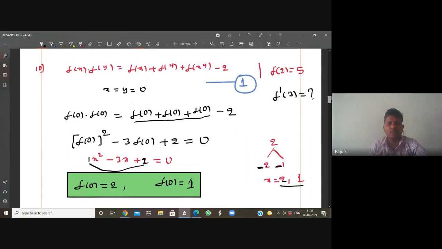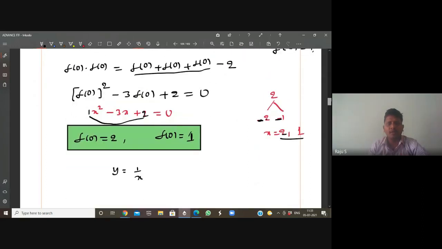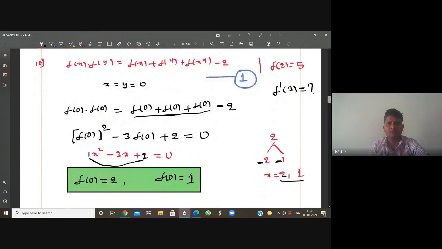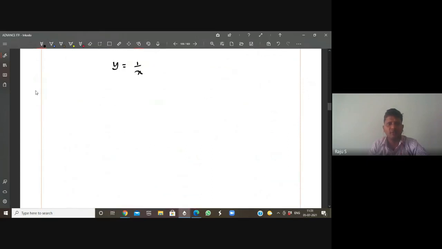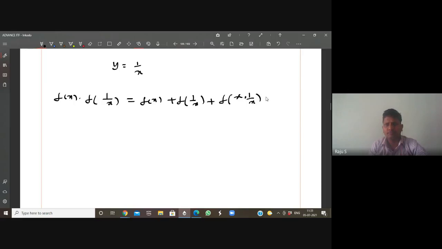So replace y is equal to 1 by x in equation 1, then equation 1 becomes f of x into f of 1 by x is equal to f of x plus f of 1 by x plus f of x into 1 by x minus 2.